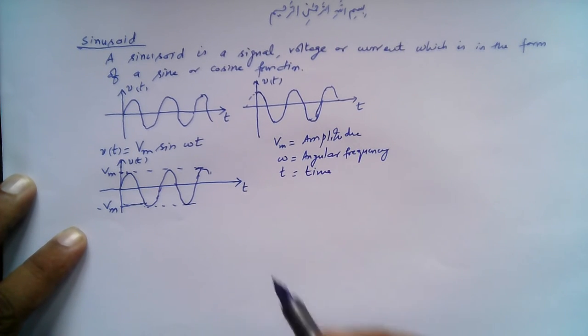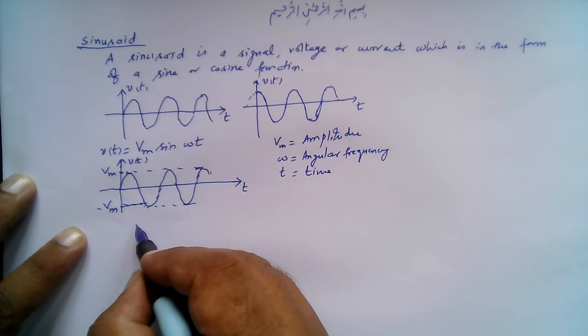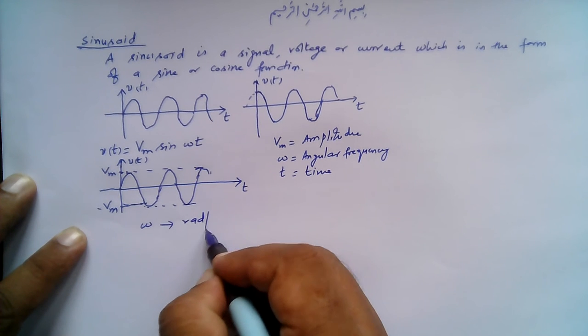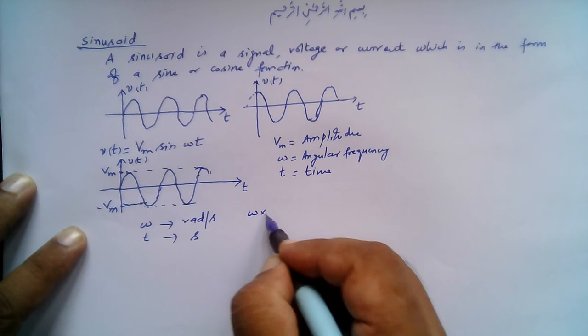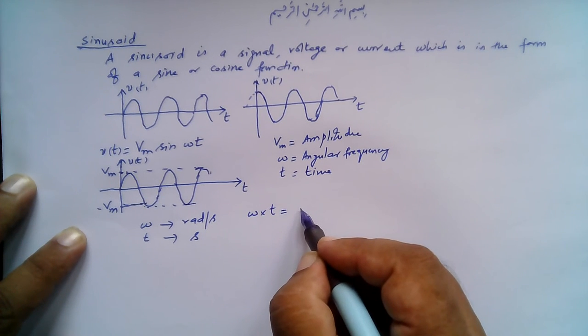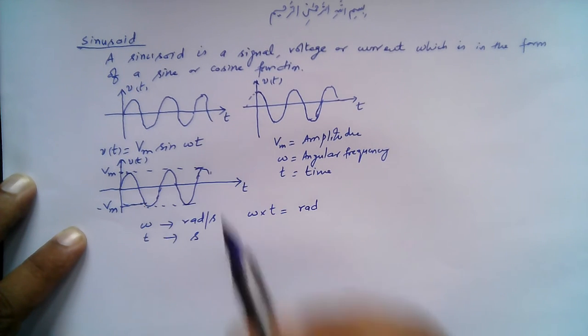Note that time is measured in seconds and omega is measured in radians per second. So the dimension of this argument omega t is just radians, which is unitless, dimensionless.